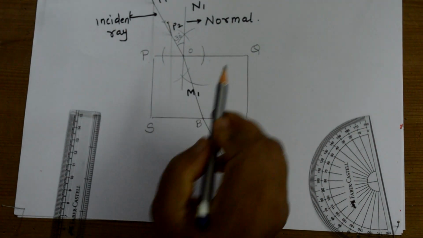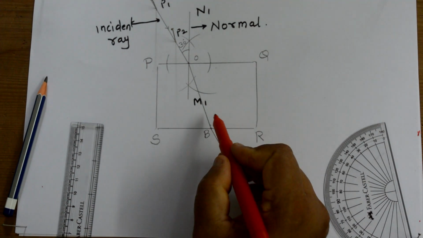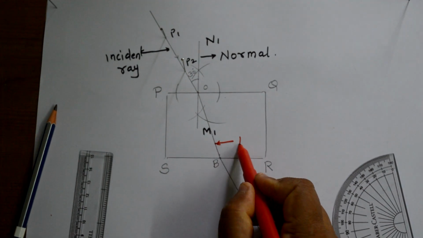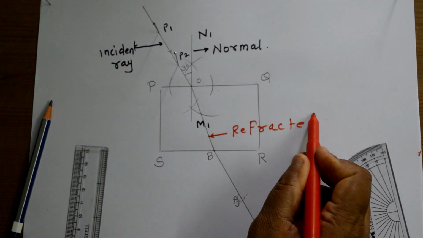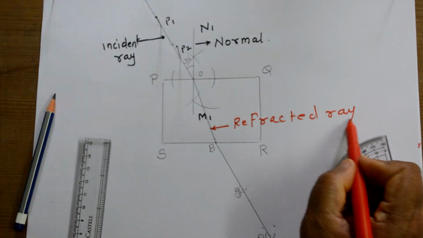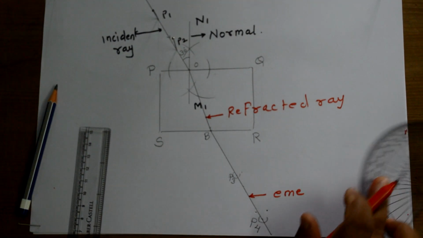This ray is known as refracted ray. This ray is known as emergent ray.